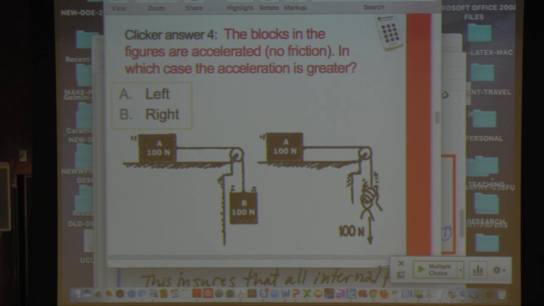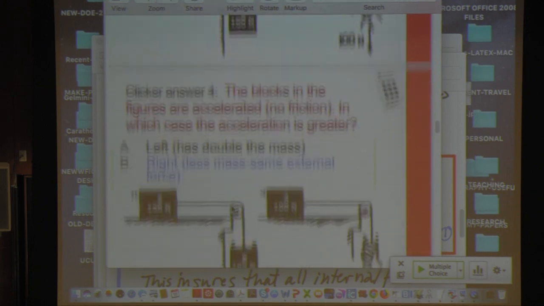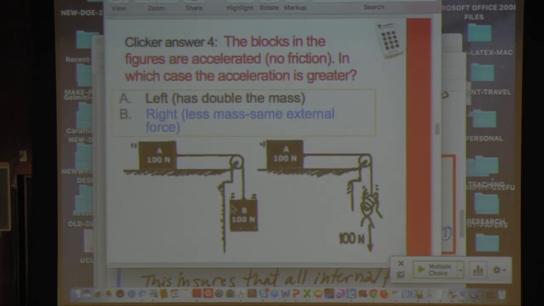Here you have an external force and half the mass. This one has the smaller acceleration, this one has the largest acceleration, because the tension in the string, in the case of the weight, because they are accelerated, should be smaller. Are you with me?